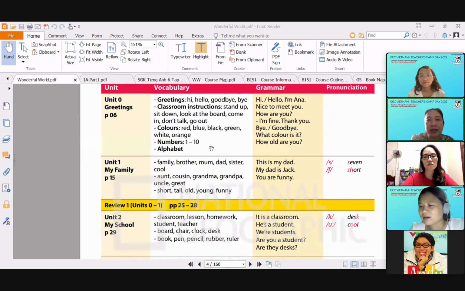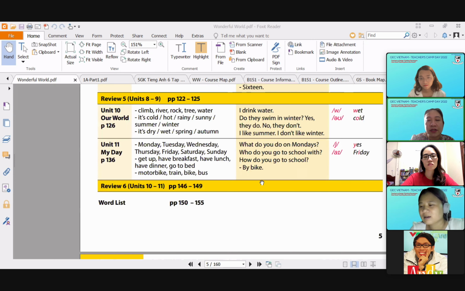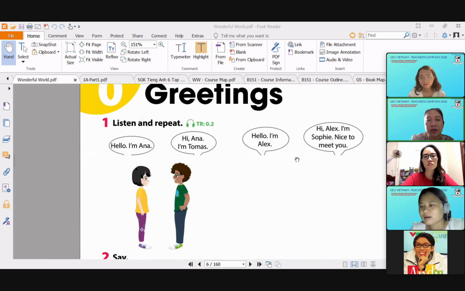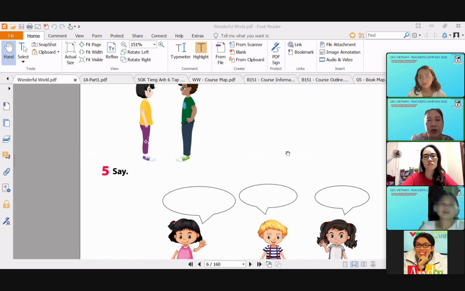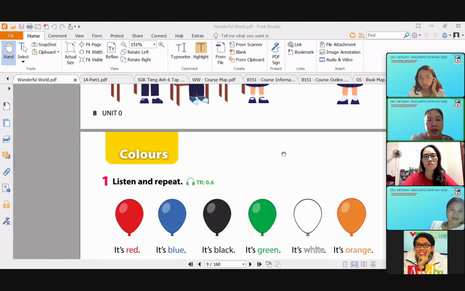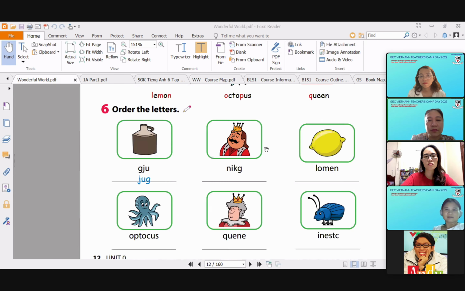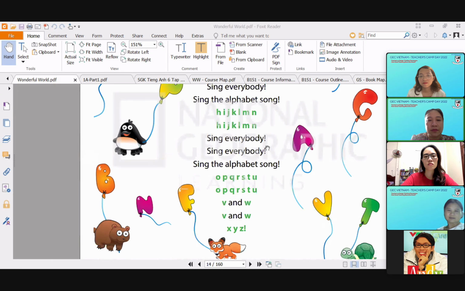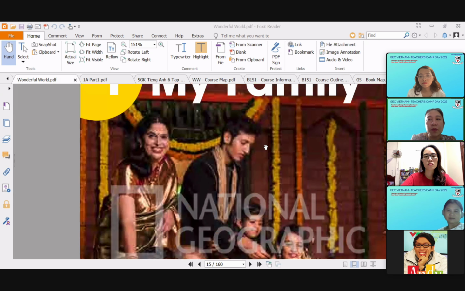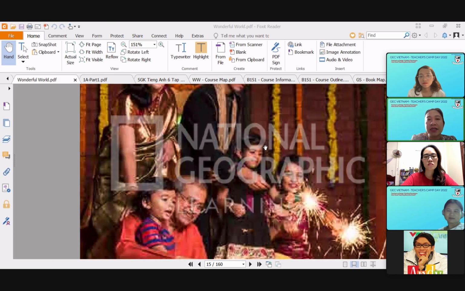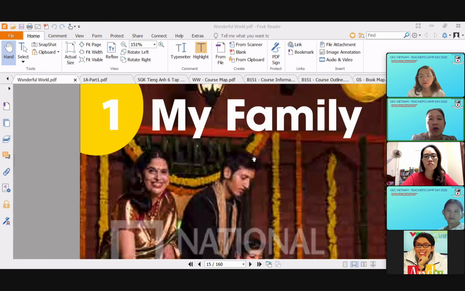Here's the map of the book. We go to Unit 1, because Unit 1 normally has some content to do. From the book map, you cannot see any listening or reading. So the first topic is my family.